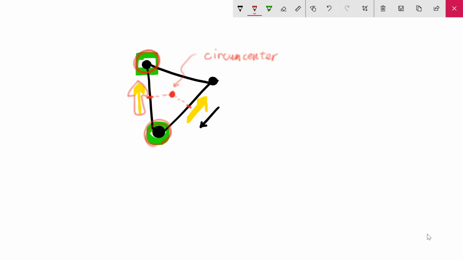So only calculate it once and use it twice, because there are two center nodes corresponding to this one single edge.